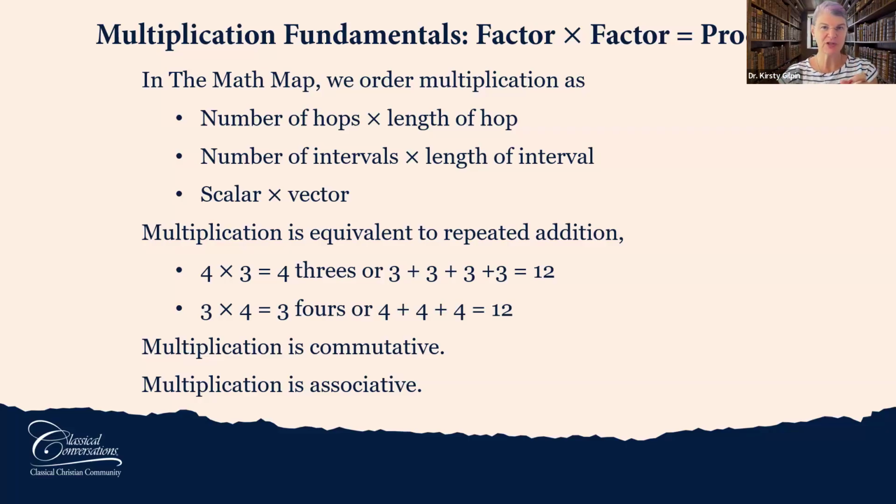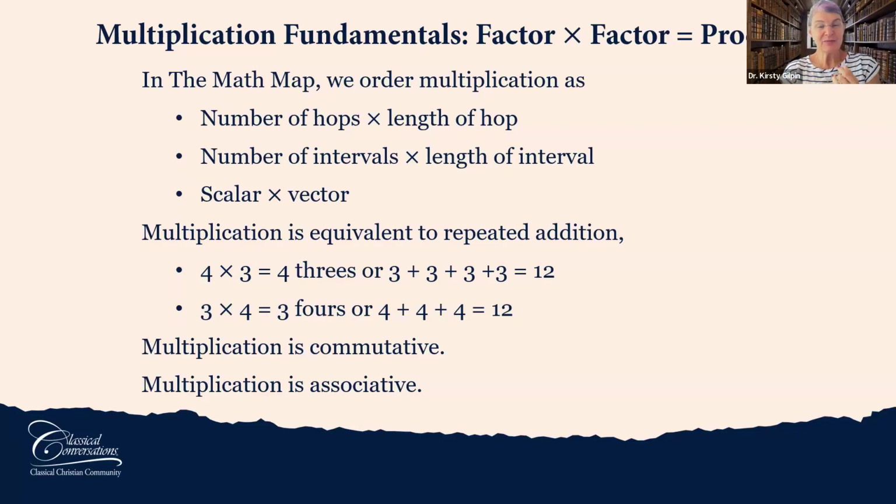It can be the expression of multiplication. When you think about multiplication in the math map, in general, we are going to look at it as the number of hops times the length of the hop, which is the same as the number of intervals times the length of the intervals, or thinking about it as a scalar times a vector.